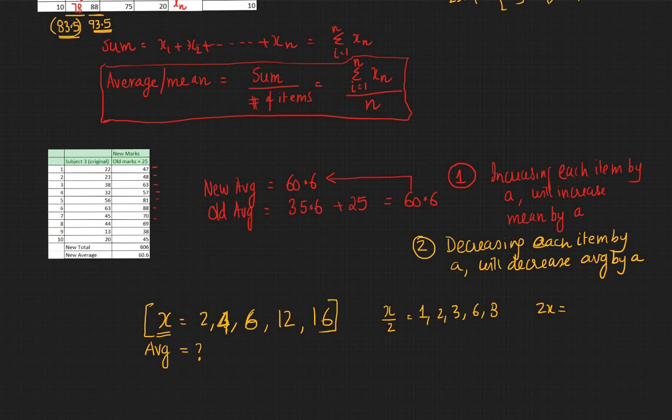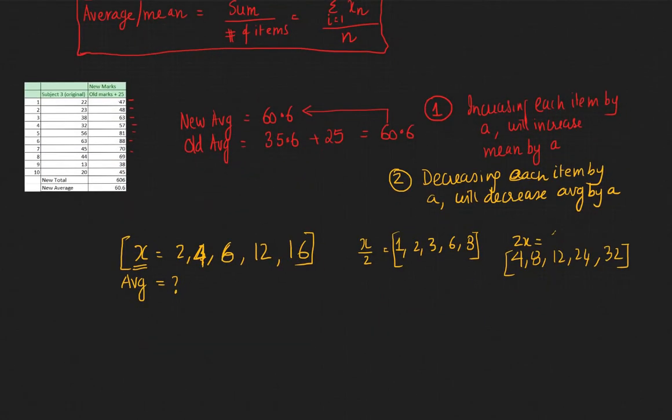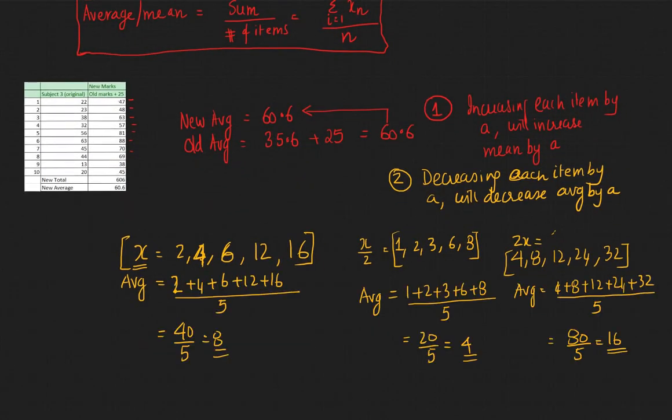So the values would be 4, 8, 12, 24, and 32, right? So let's find the average for each of these data sets, x, x by 2, and 2x. So pause the video and find the values for the average.